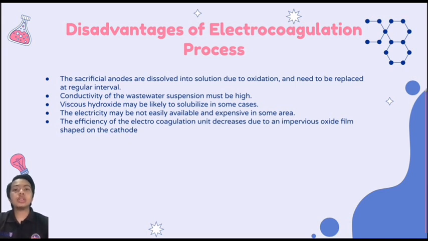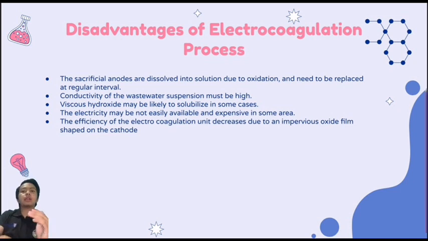The electricity may not be easily available and may be expensive in some areas. And the last one is that the efficiency of the electrocoagulation unit decreases due to an impervious oxide film shed on the cathode.